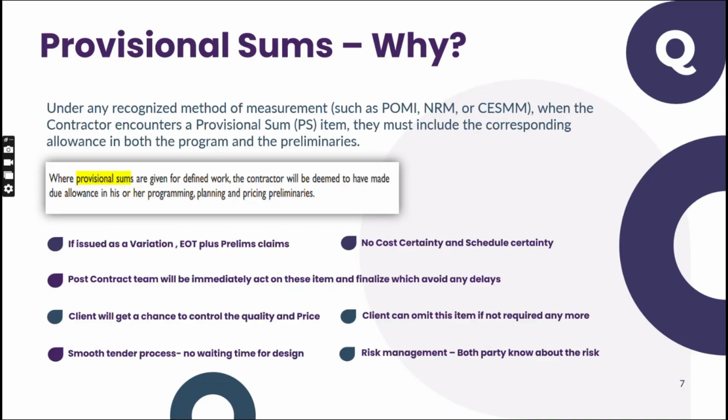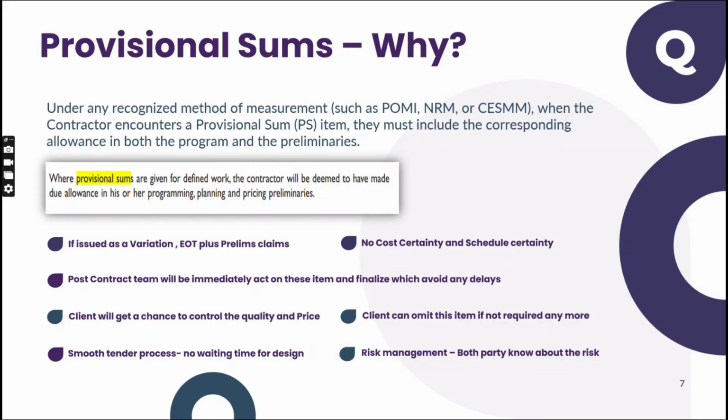So you may ask me, what if the PS item is omitted or the PS item is not expended, can the client omit the prelims? Yes. In the standard form of contract, it is not mentioned anywhere that a PS item omission will not qualify for a prelims omission.